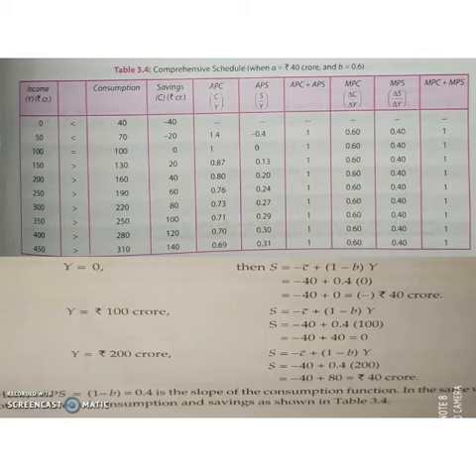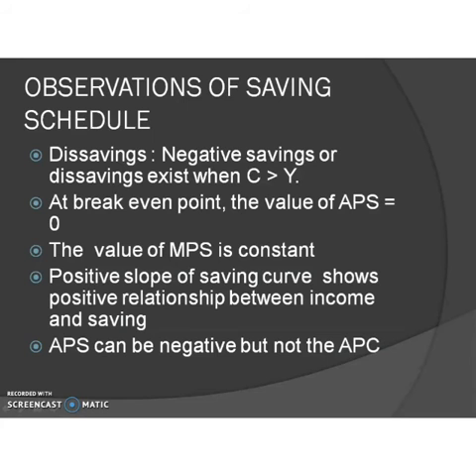So from this table and from these diagrams, what all things can we understand? There is dissavings. So negative savings or dissavings exist when consumption is greater than income. Then at break-even point, what do you mean by break-even point?